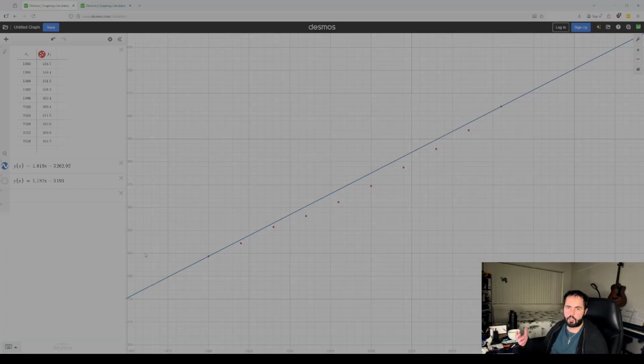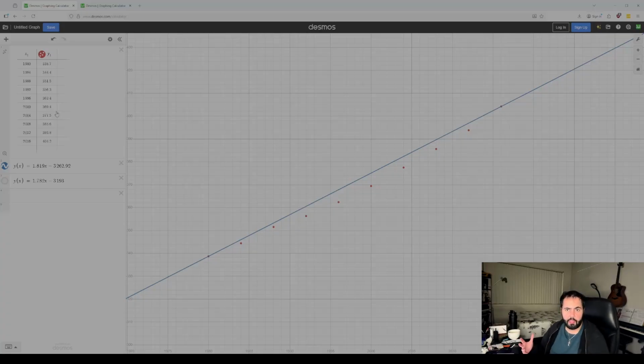Unfortunately, we're not going to be going over linear regression in this course. However, there are calculators online which we can input our table of values. We can input these values and it will calculate what the slope and the y-intercept of our line of best fit is. So let's go to one of those calculators, plug in these values, and see if we can get a better line.